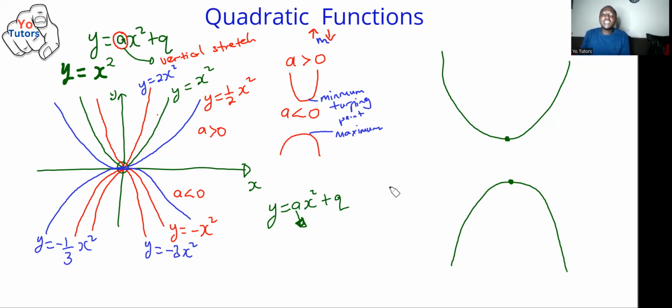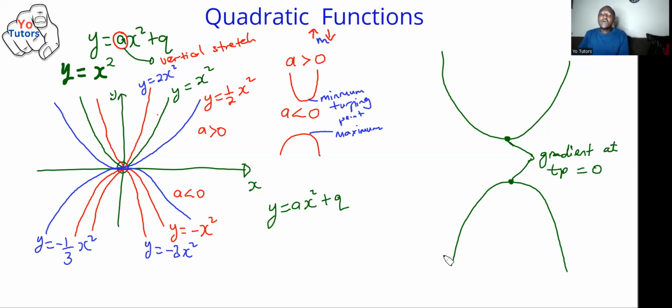So what we are saying here is, let's not refer to it as a gradient in this case. If you are to talk of the gradient here, the gradient here is 0. So let's just talk of the gradient as m. Here, for example, the gradient at the turning point is equal to 0.